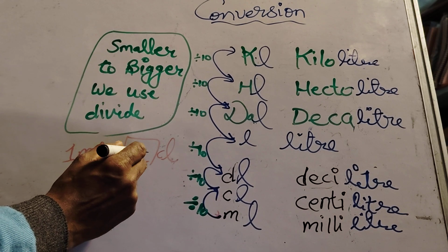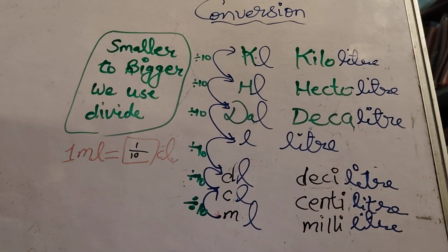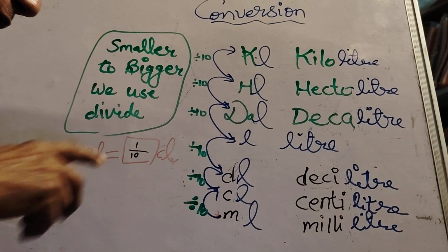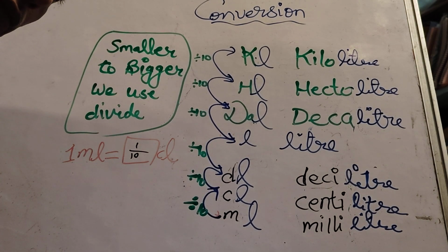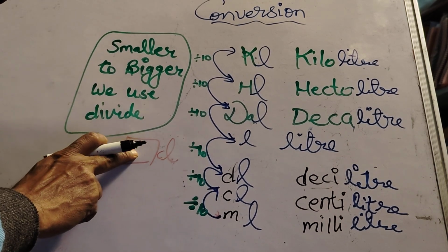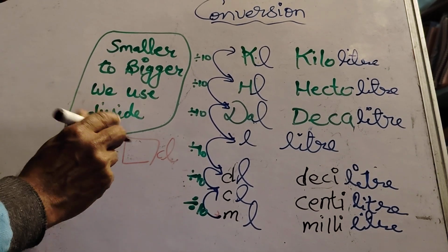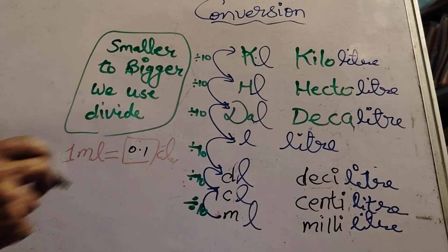We can say it is 1 over 10, 1 upon 10. Do you know 1 upon 10 is equal to how much in decimal? 0.1. Yes. So if we do not write 1 upon 10, then we can say 0.1.